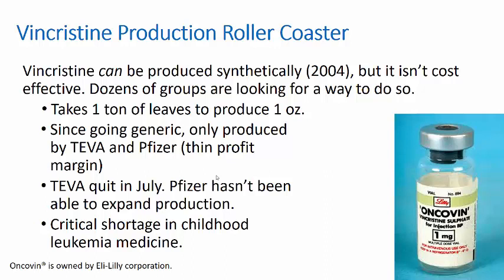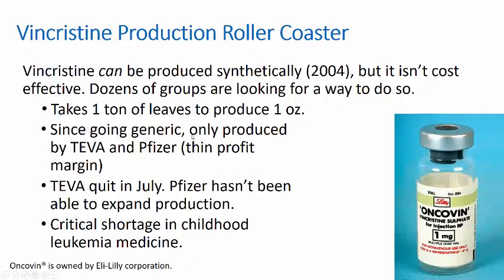And that 10% shortfall in the production of vincristine has suddenly made a cheap, hard to produce, thin profit margin chemical critically short. And vincristine is still one of the primary medications for treating childhood leukemia. So a major problem has occurred because, and here's the weird thing, the drug was too cheap to buy.